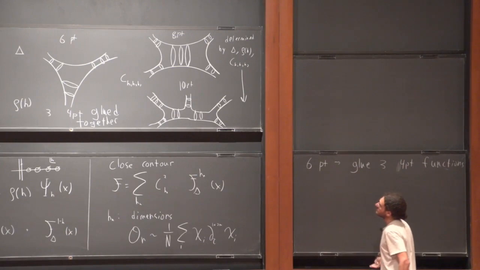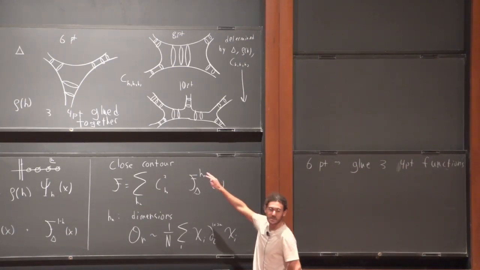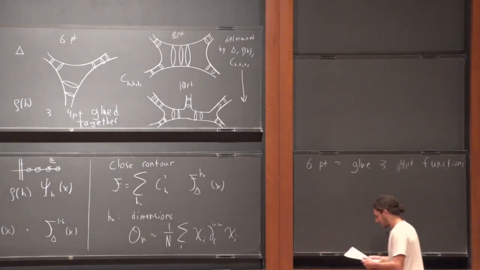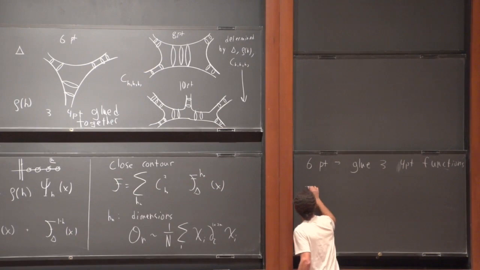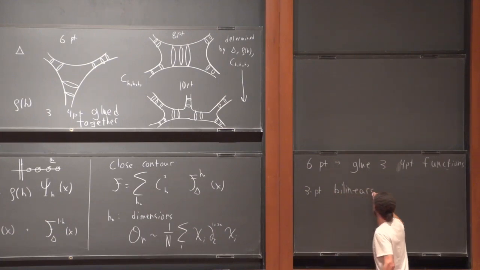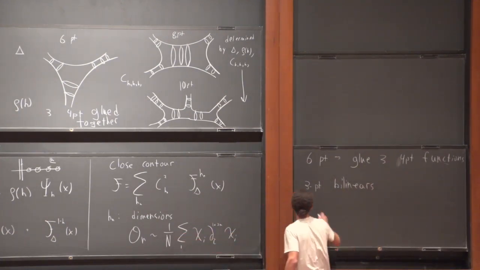So for presenting the answer, it's more convenient to, rather than writing the fermion 6-point function, to write the fermion bilinear 3-point function. This has the same dynamical information. The bilinears being these O's.